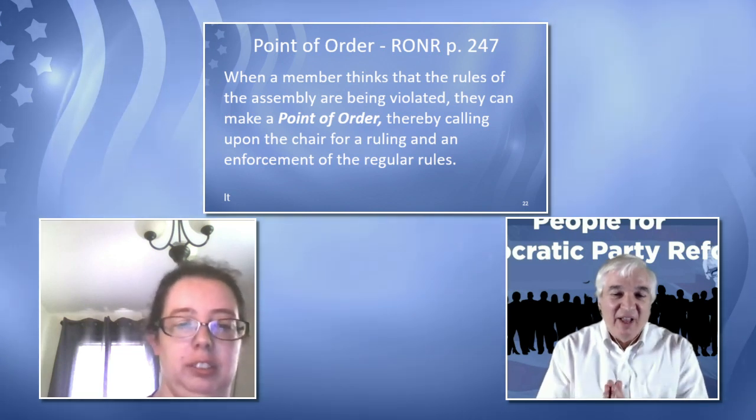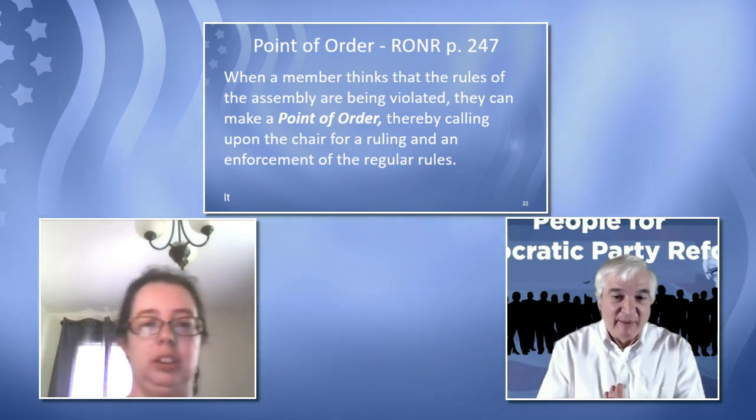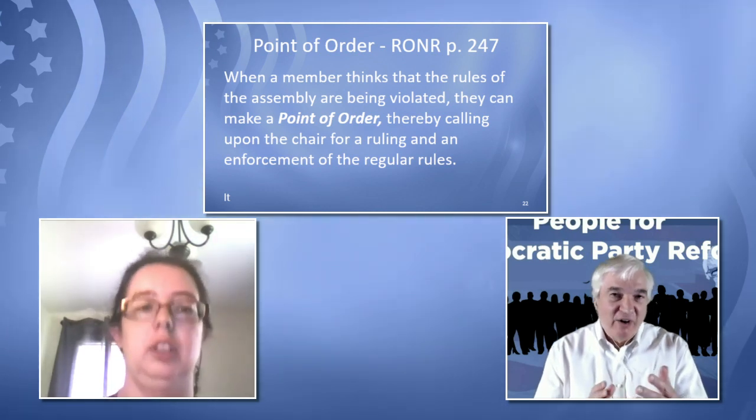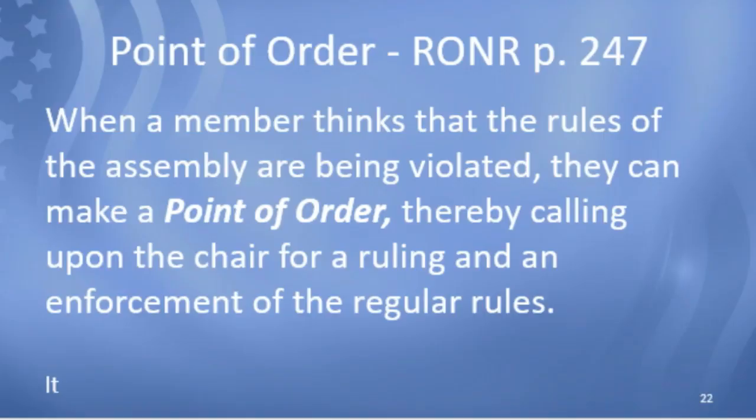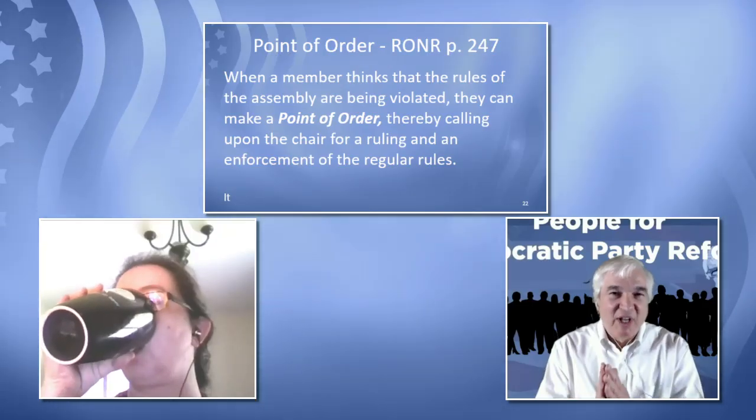So the next tool in your toolbox that we're going to talk about is point of order. And this is where you can start to see how these tools work together. So perhaps someone has done something that you don't think is appropriate. If you're not absolutely sure whether what was done was appropriate, the first thing you should do is a parliamentary inquiry and say, Madam Chair, what is the proper process for appointing someone to a committee, or whatever you think was done improperly?